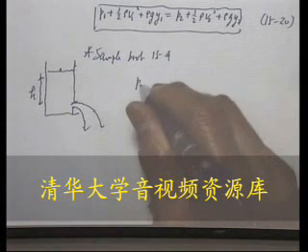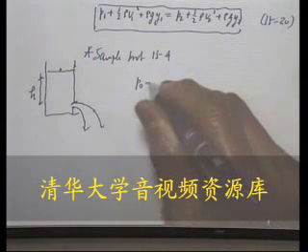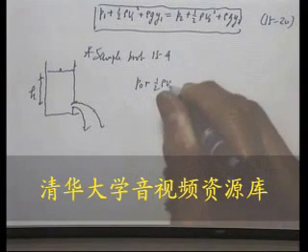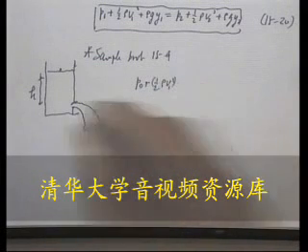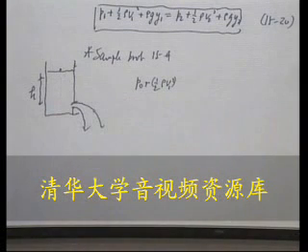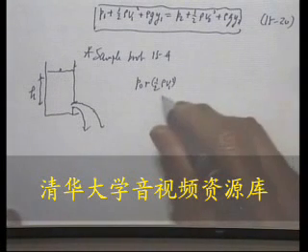At 1 there's the atmospheric pressure plus 1/2 rho v1 squared, the velocity at 1. But if this is a very small hole, the surface drops down very slowly, so we neglect this.